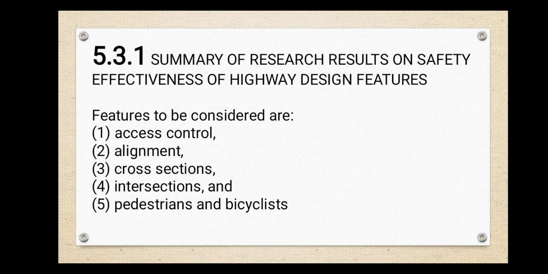So, a summary of research results on safety effectiveness of highway design features. The FHWA has also published a series of reports that summarize the results of research dealing with safety effectiveness of highway design features.